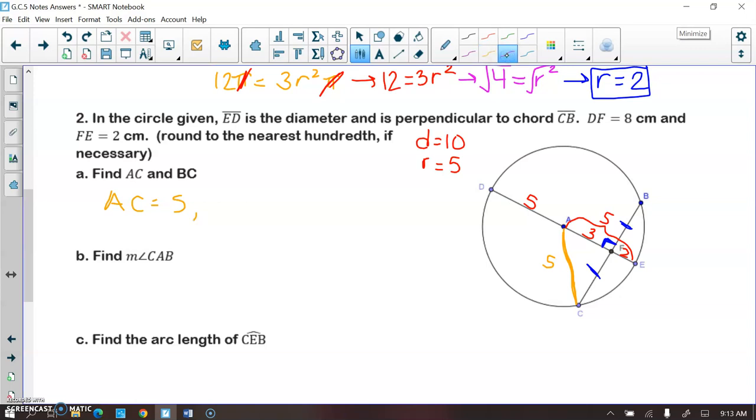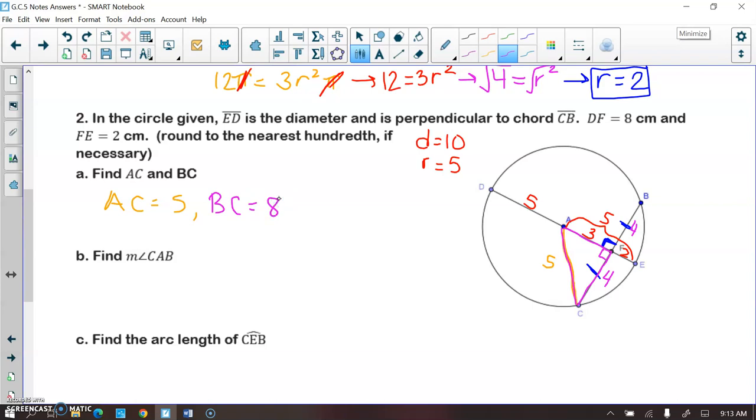Well, if we look at this triangle here, this is a right triangle, and it's a 3, 4, 5 right triangle, and that chord is bisected, so this is also 4, which means BC is going to be 8. Okay, so letter A is done.